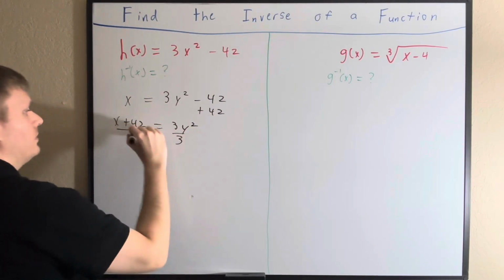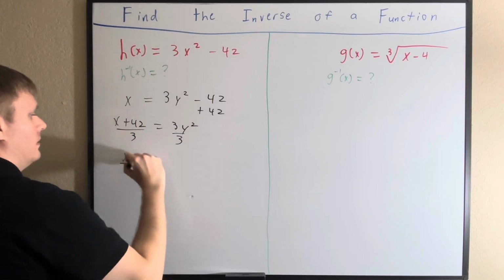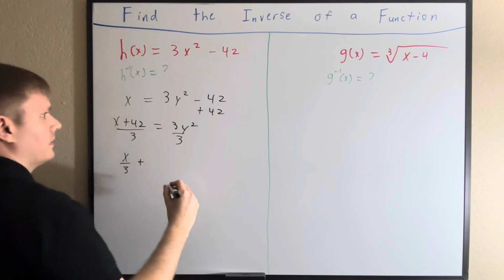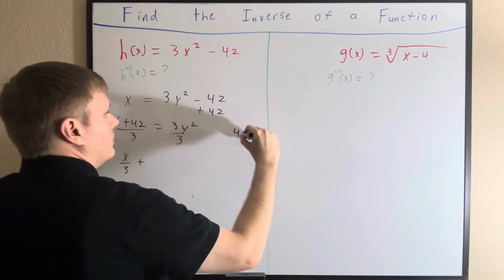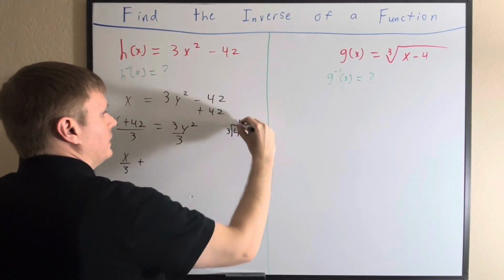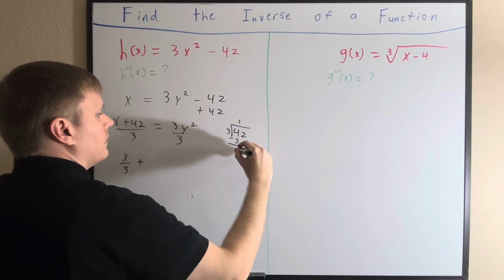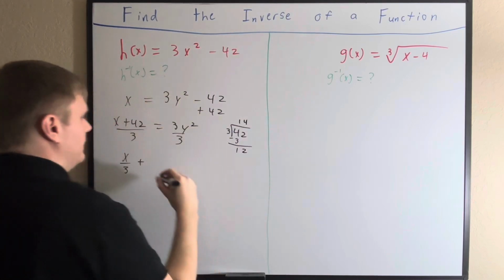Divide both sides by 3. X over 3 plus, it's 42 divided by 3. Do some quick math over here. 14.